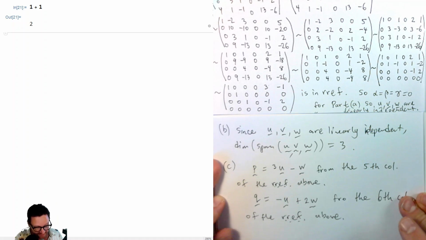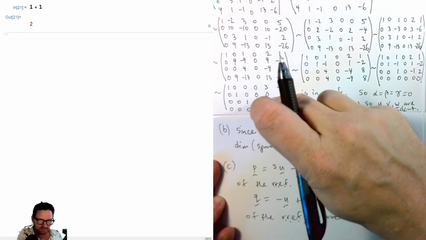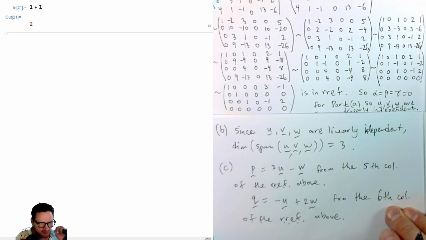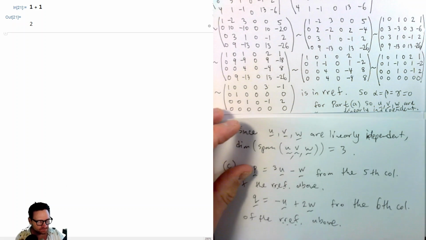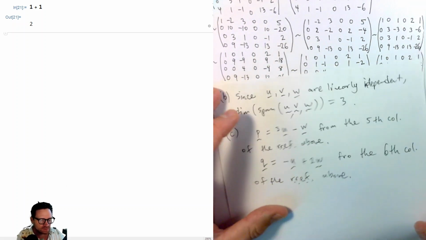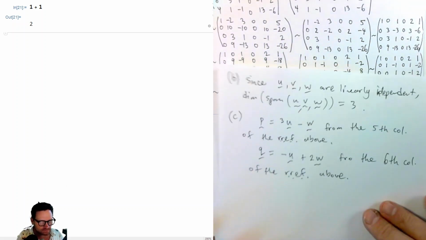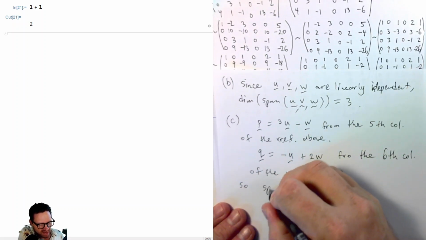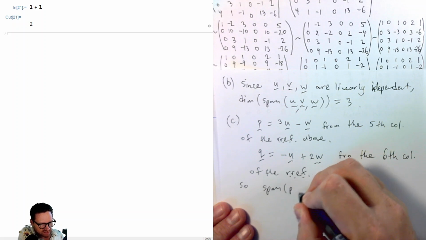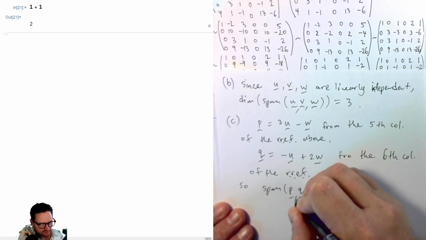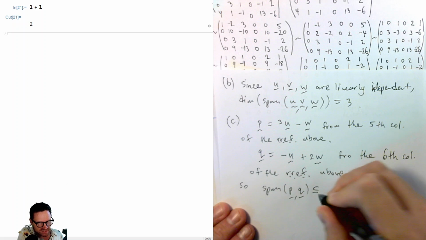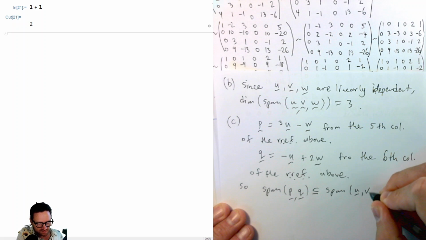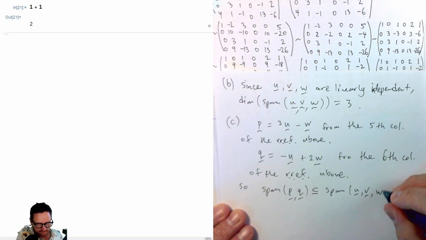Okay, so what we see from these two is that P and Q are elements of span UVW, and so span of P and Q has to be a subset or equal to span of U, V and W.